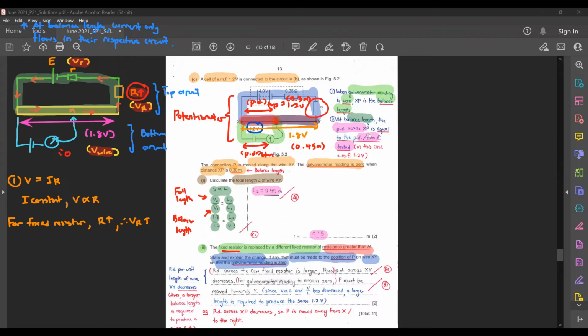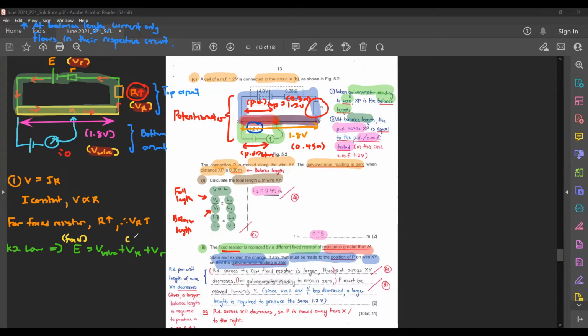And then from here, I can actually make one conclusion. If you look at Kirchhoff's second law, where sum of EMF is equal to sum of PD, I could say that the EMF is equal to the PD across the wire plus the PD across the fixed resistance plus the PD across the internal resistance. Now, the EMF value itself remains fixed.